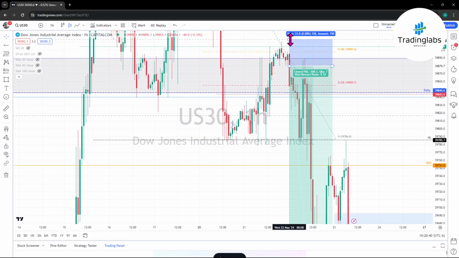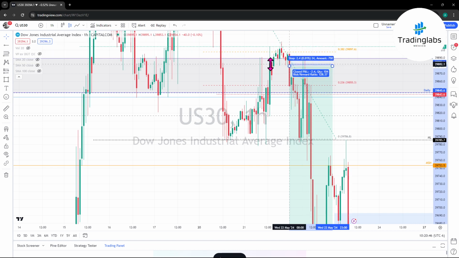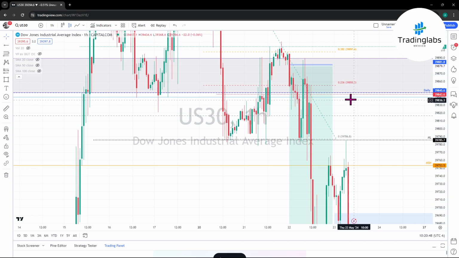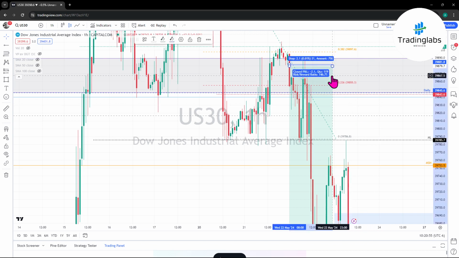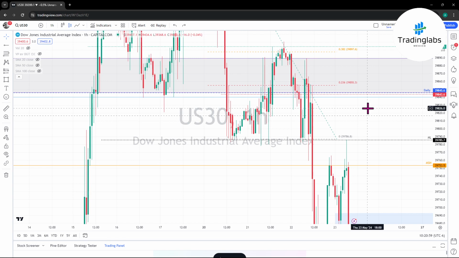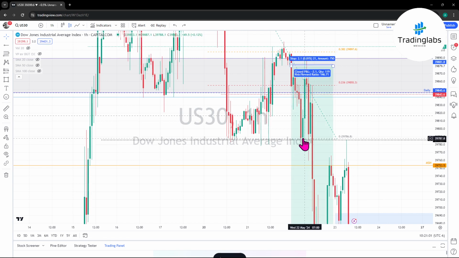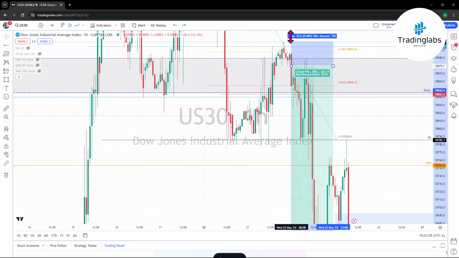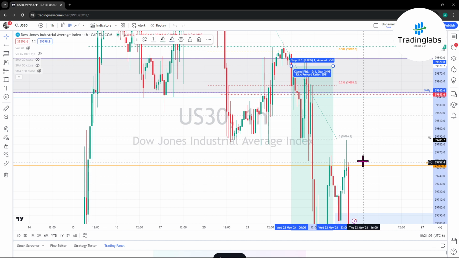I made a mistake to reduce my stop loss to break even. It closed my trade and then pushed down. I saw this big reaction right over here, so I decided to move to break even. It is what it is.